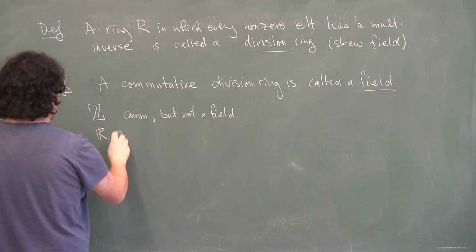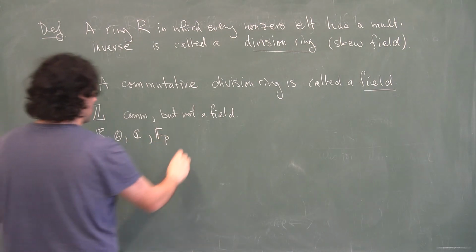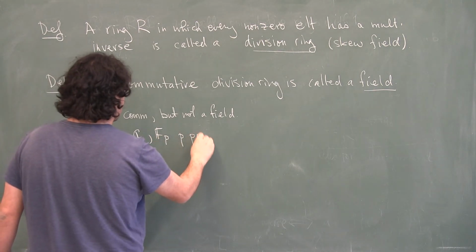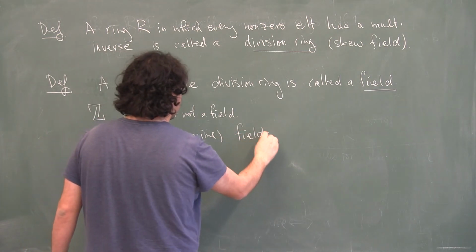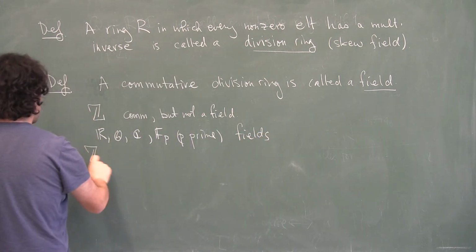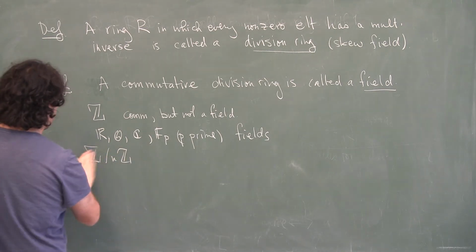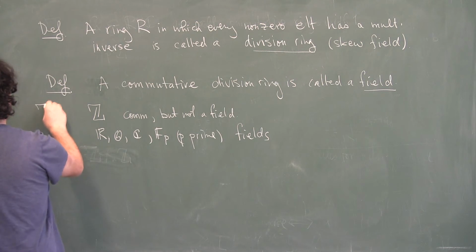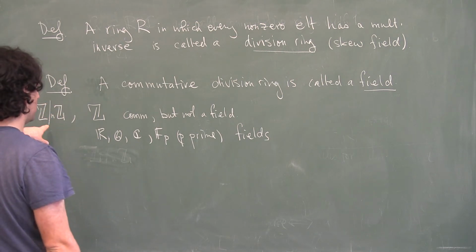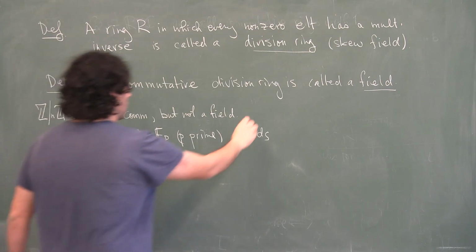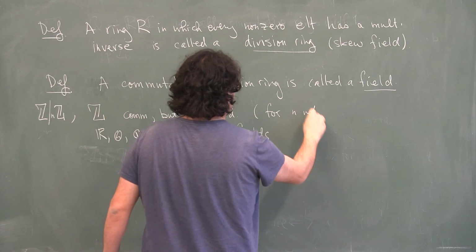R, Q, C, and F_p, where p is prime, these are fields. Z mod nZ, this is again commutative but not a field for n not prime.